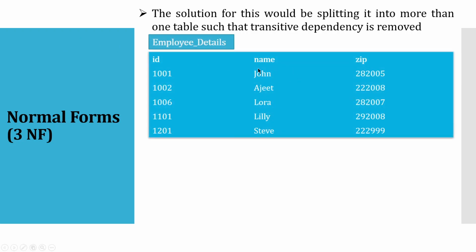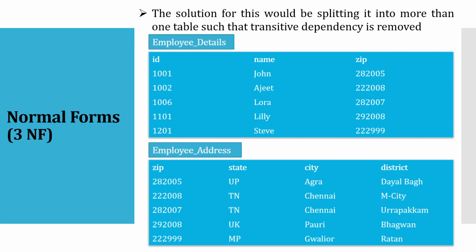The first table will have employee details like ID, name and zip, and the second table will have zip, state, city and district. Even if you have a transitive dependency in this table, zip alone is not a super key or candidate key here. So these tables can be allowed. So this is the probable solution.